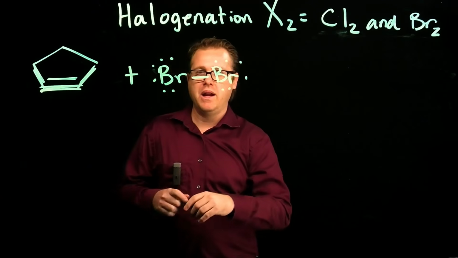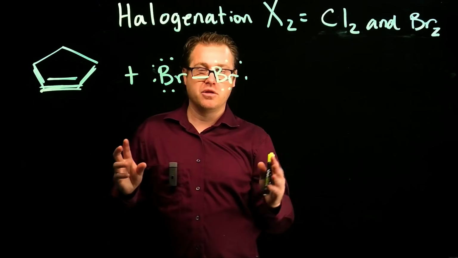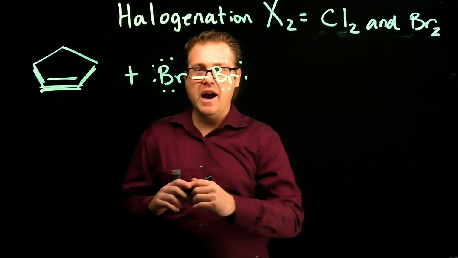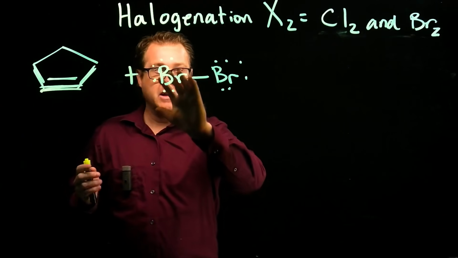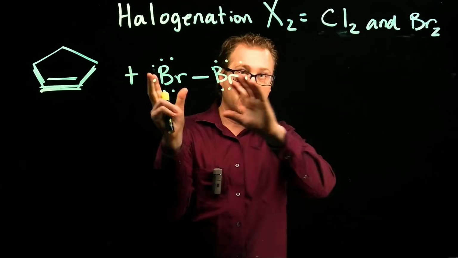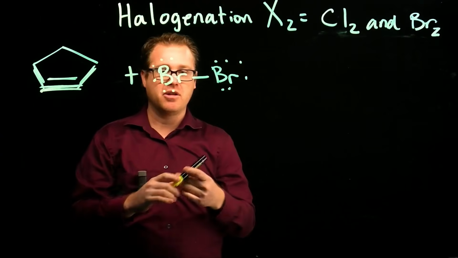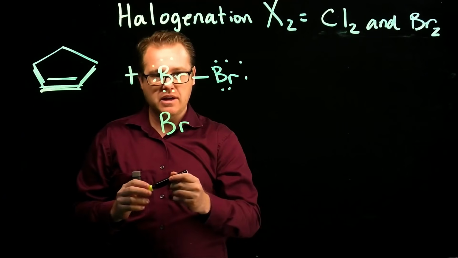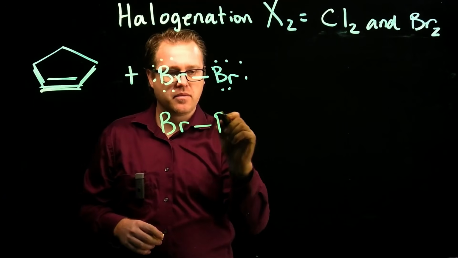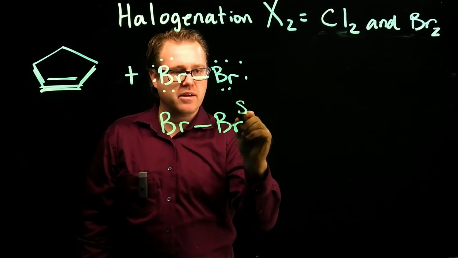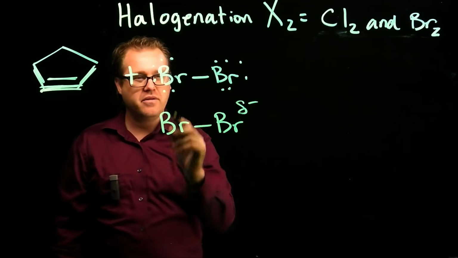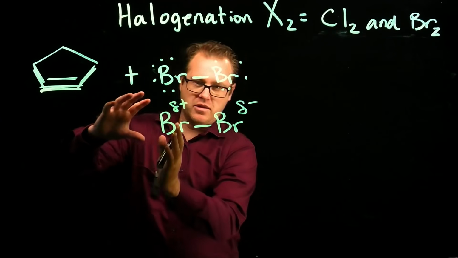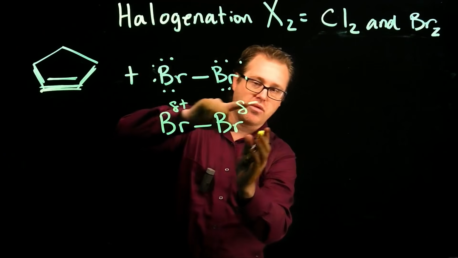But guess what? Bromine and chlorine are rather large, so they're very polarizable. So at a given moment of time, this molecule can polarize and put more electrons on one side and fewer electrons on another. So the bromine molecule could look kind of like this. We'll represent it with a partial negative and a partial positive. That's saying the electrons have shifted to the right.